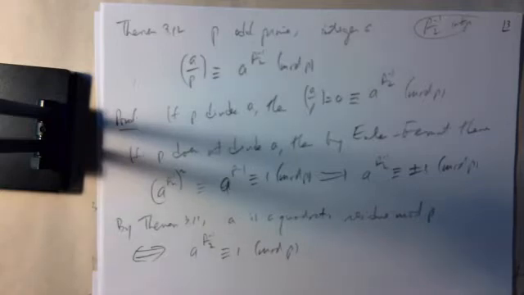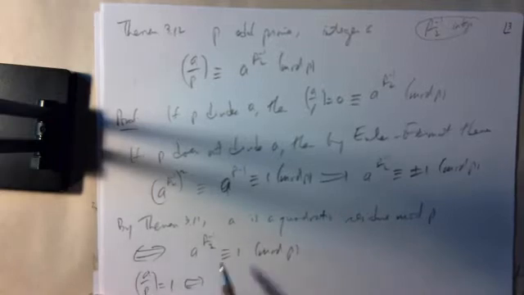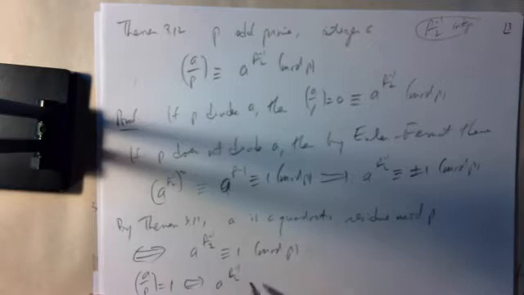So that was the theorem we proved on Monday. So a over p is 1 means a is a quadratic residue if and only if a to the (p minus 1) over 2 is congruent to 1 mod p.